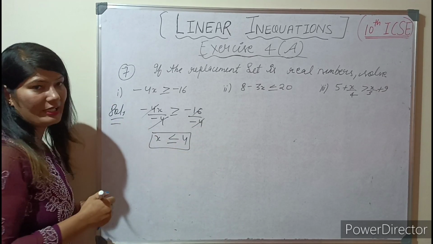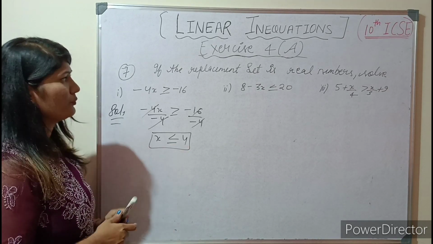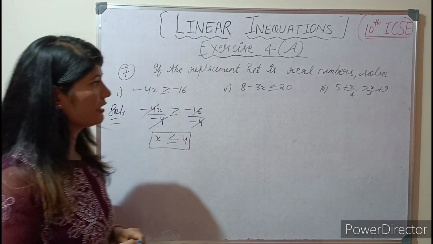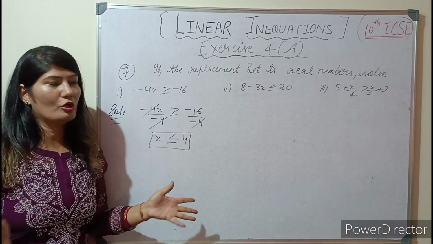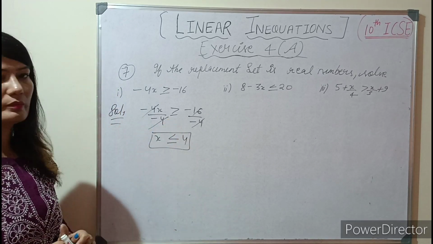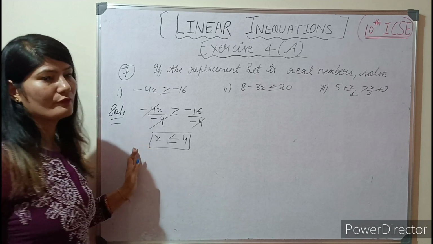So it means that the value of x is less than or equal to 4. So here the replacement set is real numbers. Clear? Real numbers include all the numbers: natural numbers, whole numbers, integers, rational numbers, decimal numbers, right? So here the value of x is less than or equal to 4.